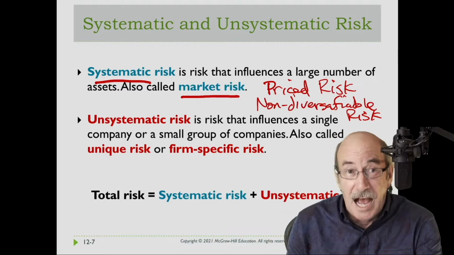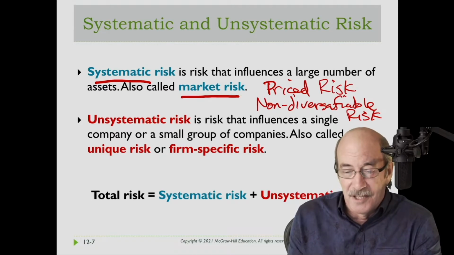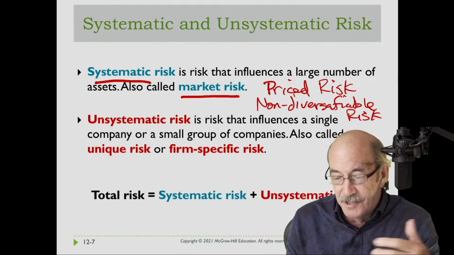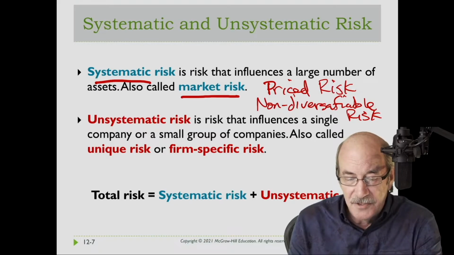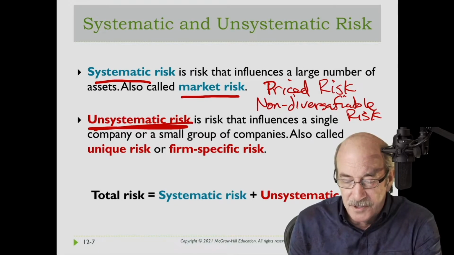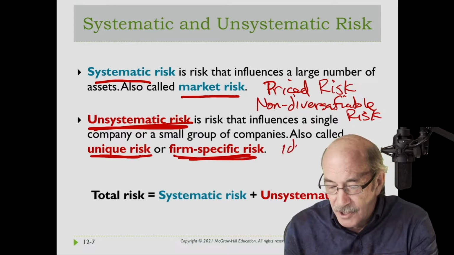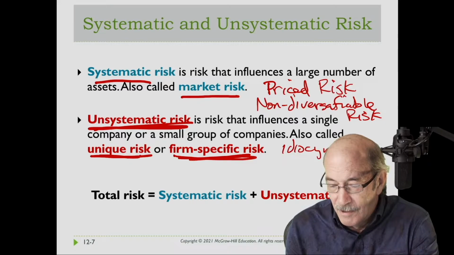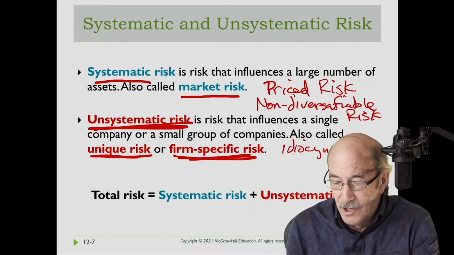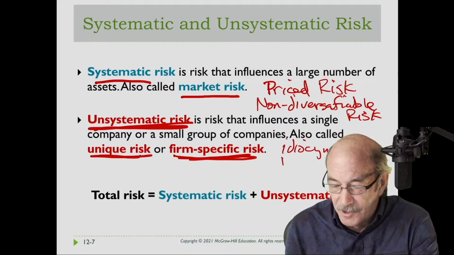Then the opposite side of it, one minus this systematic market priced non-diversifiable risk, is the unsystematic risk, or the unique risk, or the firm-specific risk, or the idiosyncratic risk, or the diversifiable risk.